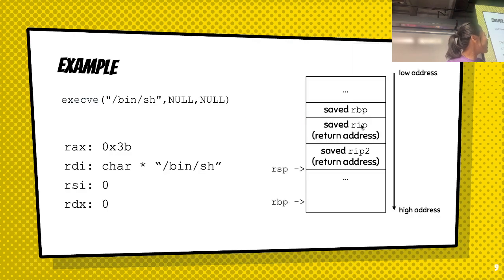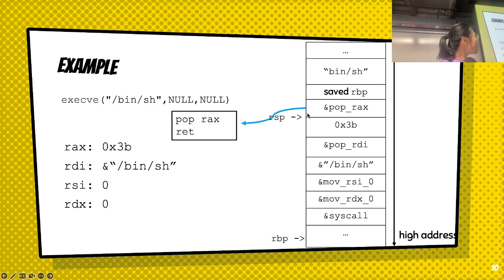So let's try to simulate the execution. Suppose that RSP is right now pointing to here.